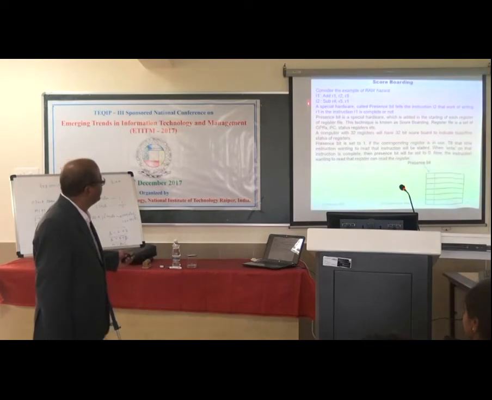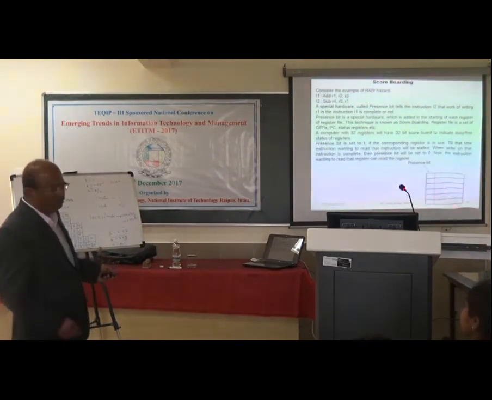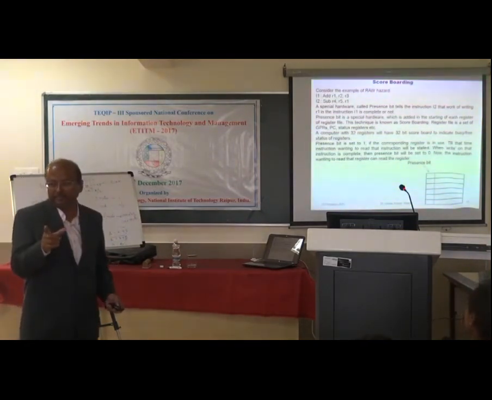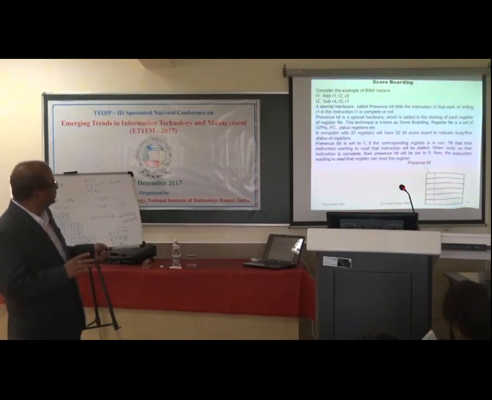Similarly, here also, this extra bit, called the presence bit, is provided in the beginning of each register. That bit will tell that this work is going on, register R1 is being written, and please wait. Therefore the presence bit is a special hardware which is added at the start of each register of the register file.